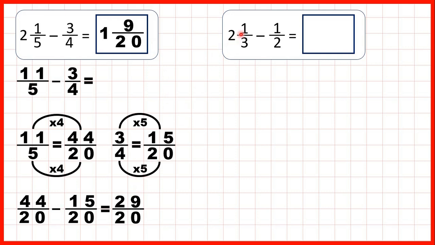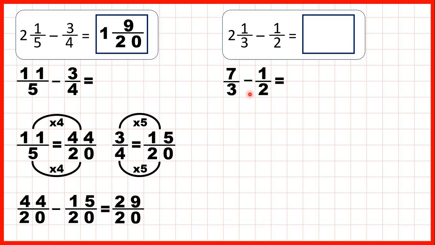Now we have 2 and 1/3 minus 1/2, so we can change 2 and 1/3 into an improper fraction. 2 times 3 is 6, plus 1 is 7, so that's 7/3 as an improper fraction, but we're subtracting 1/2, and we need the denominators to be the same before we can do the subtraction.